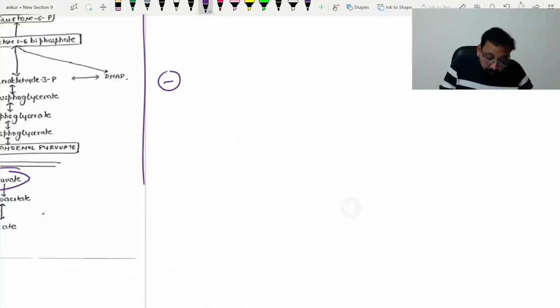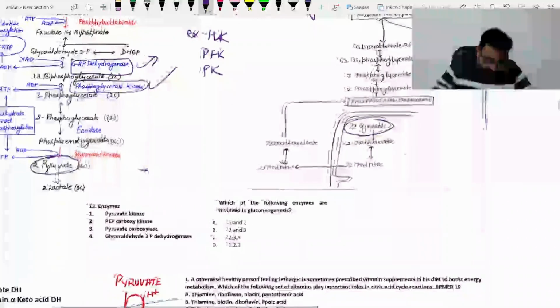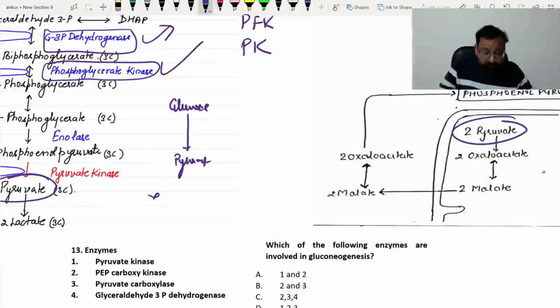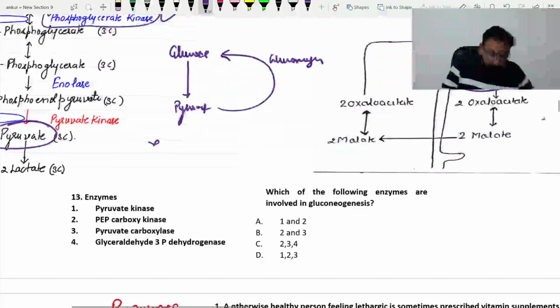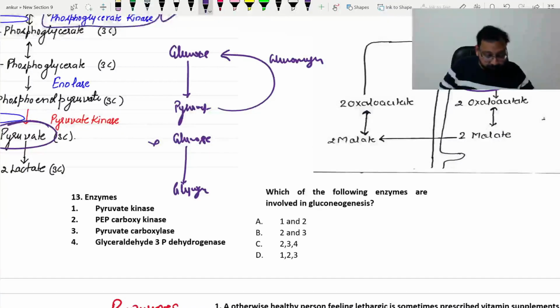Now I will draw a flow chart. Glucose to pyruvate, that is glycolysis. Pyruvate to glucose, gluconeogenesis. Glucose to glycogen, glycogen synthesis.